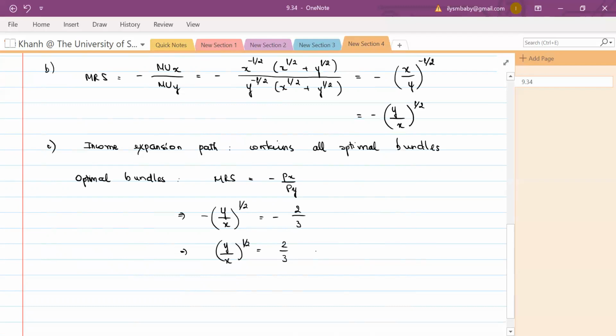If I square both sides of this equation, just to get rid of the power half, basically, I get y on x equal to 2 on 3 squared.